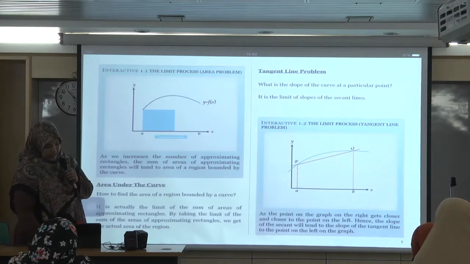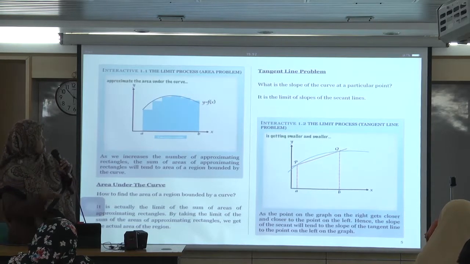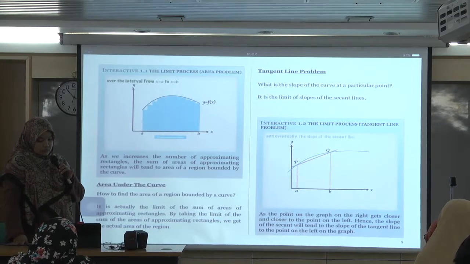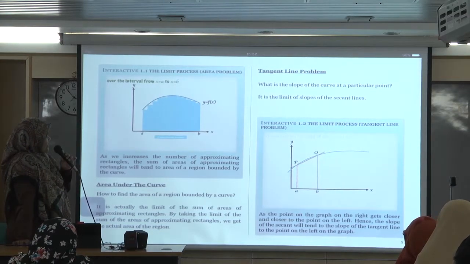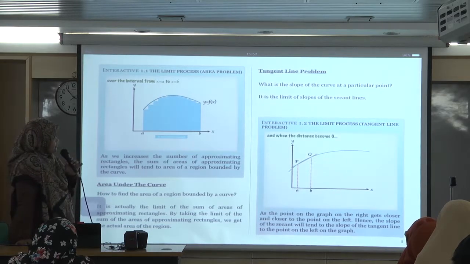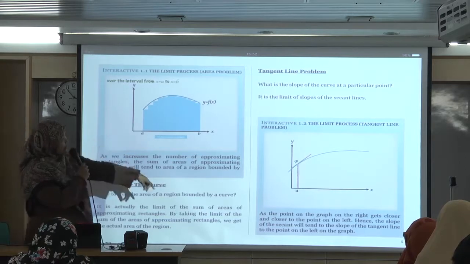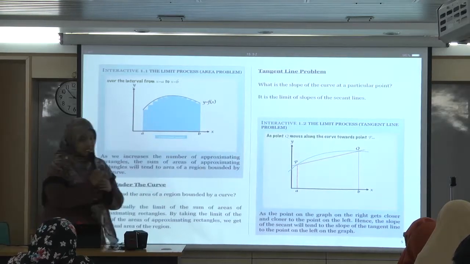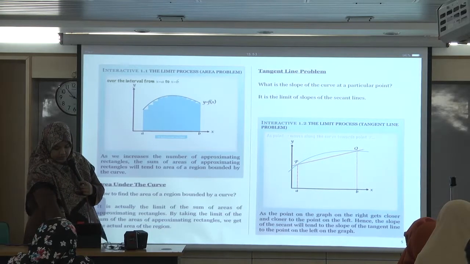Then this is the keynote that I have shown you before. I put it in automatic, it moves automatically once you flip to that page. So basically this explains the limit process on the area problem, and this explains the limit process of the tangent line problem. Right, so you can also make it big actually.